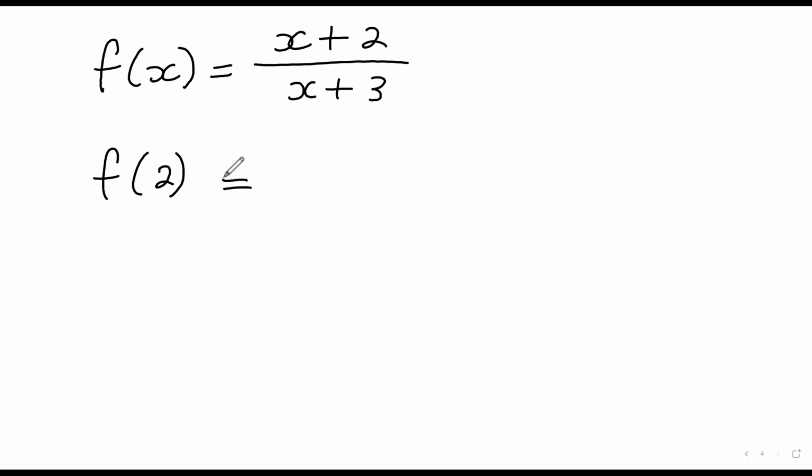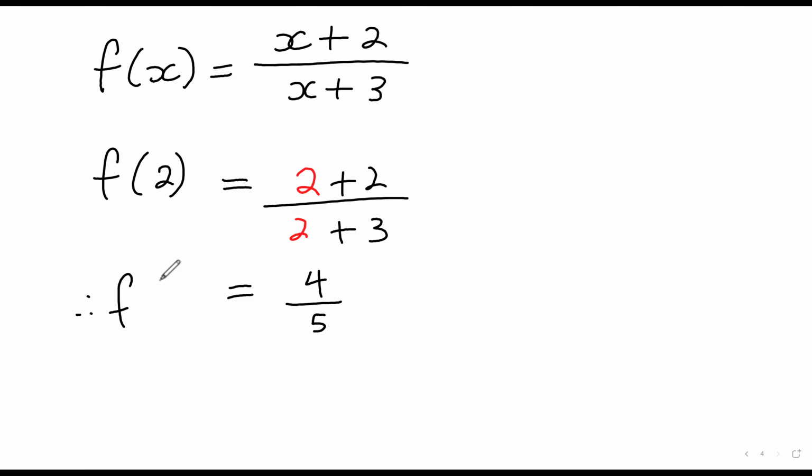F of 2 is found by substituting x is equal to 2 into the expression. So wherever I have x, I'm going to replace it with 2. So this will be 2 plus 2 over 2 plus 3. All right, and that gives me 2 plus 2 is 4, and 2 plus 3 is 5. So therefore, f of 2 is equal to 4 over 5.